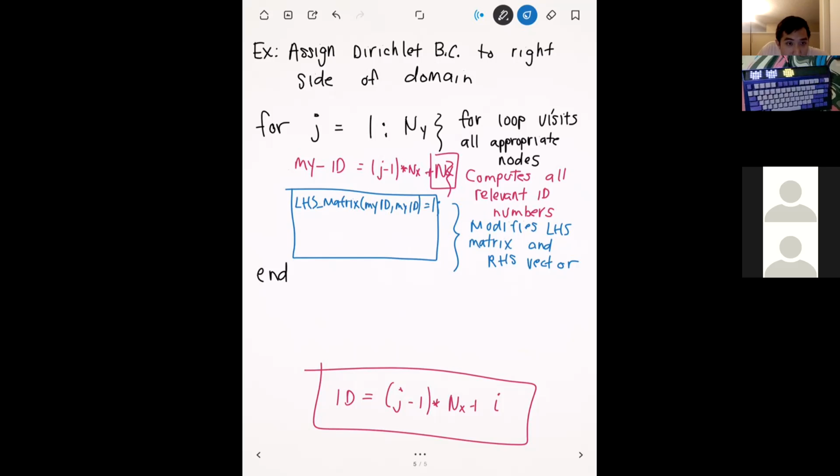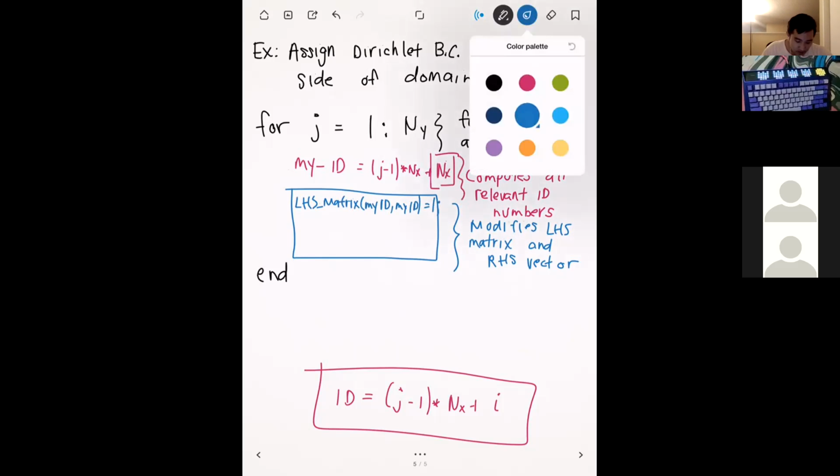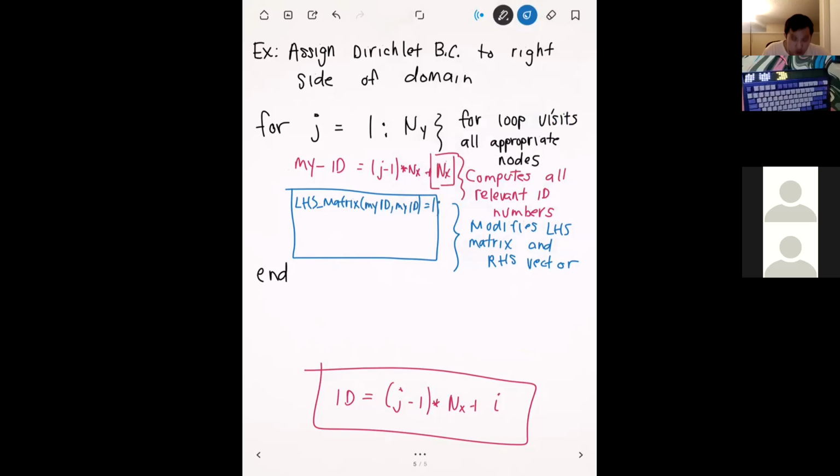Oh yeah, it's nx. Yeah, sorry. And so that's what this line of code is going to do. It's going to set the diagonal entry equal to 1.